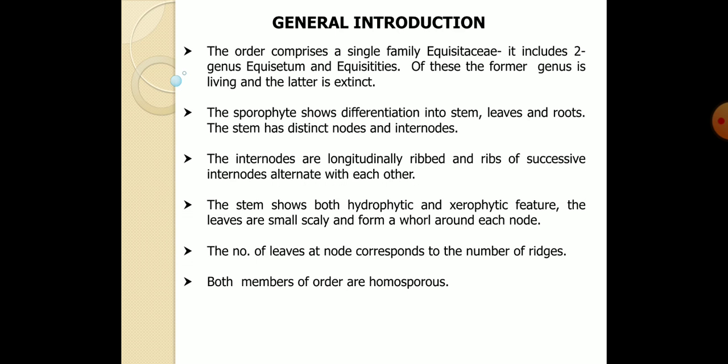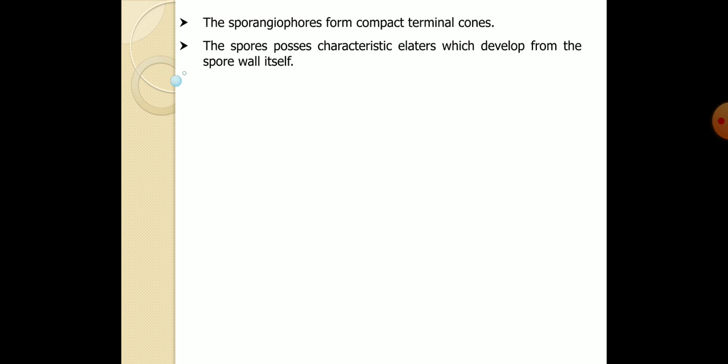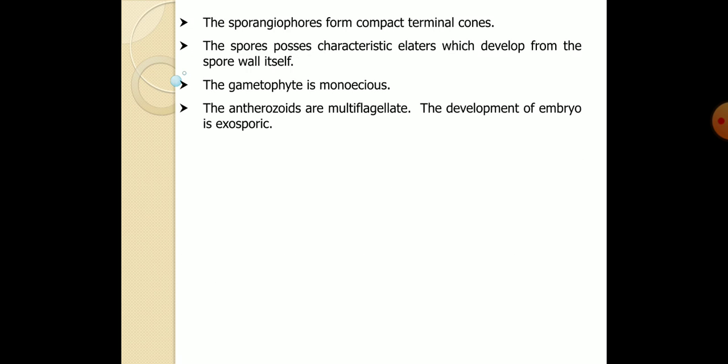Mainly the stem shows both hydrophytic and xerophytic characteristics, because the leaves are highly reduced and form scaly leaves, and each leaf has corresponding ridges. The plants are homosporous in nature, and sporangia are borne on the underside, forming a special head-like structure, the terminal cone.